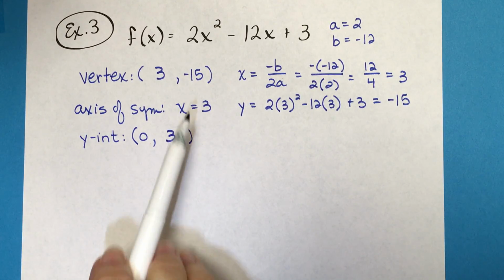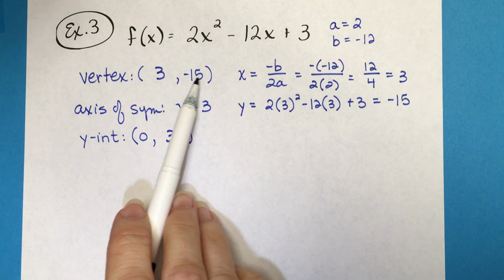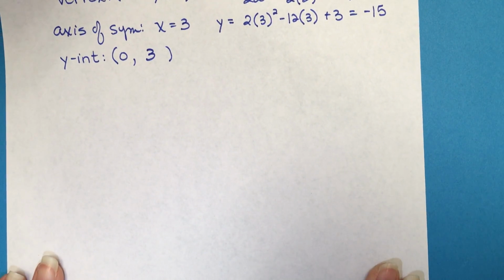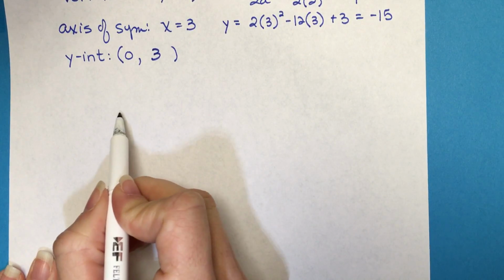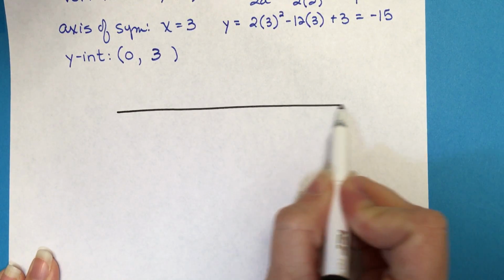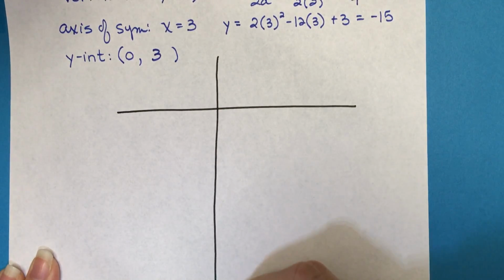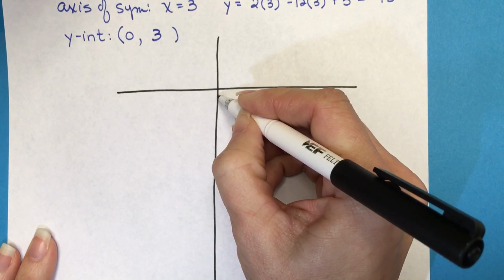3, negative 15. So you're going to need a good bit of space down your y-axis, because your y value is negative 15. You don't have any in your homework with numbers even that large, but we can make do. It'll be fine. Okay, so I'm going to go down 15.